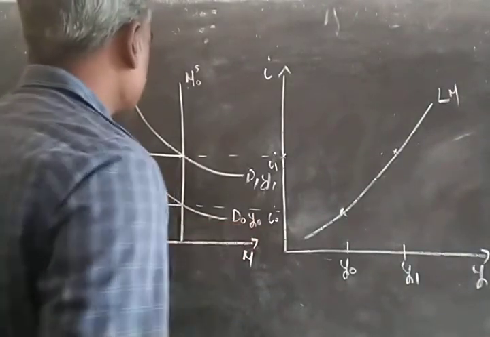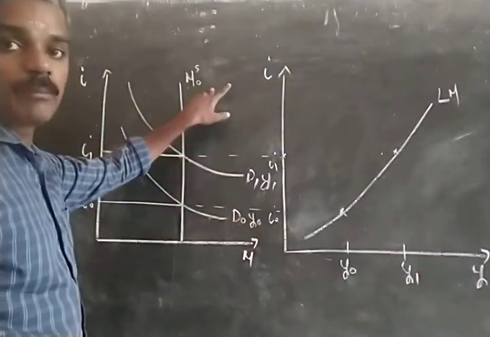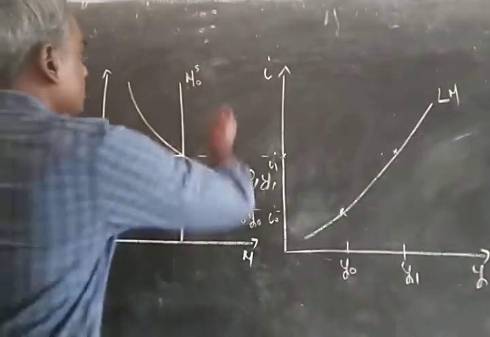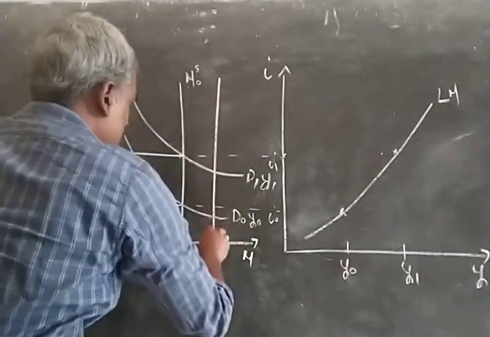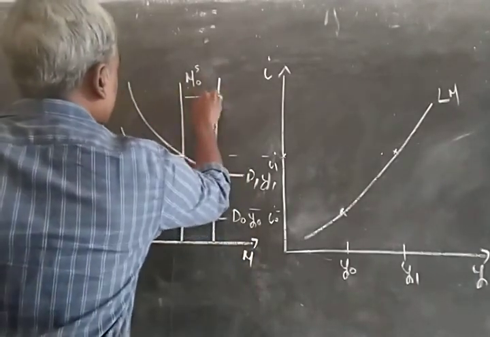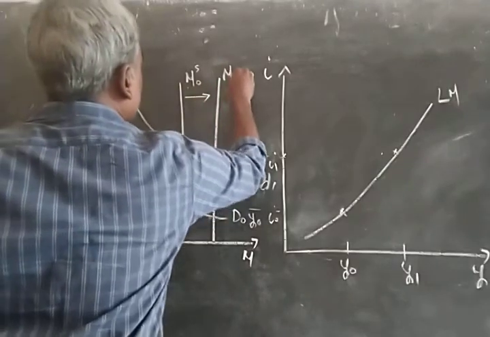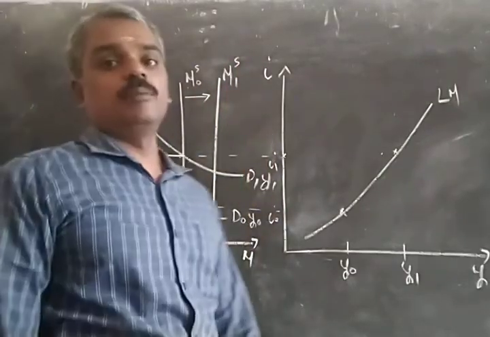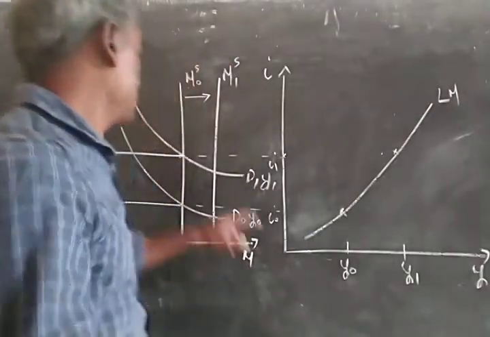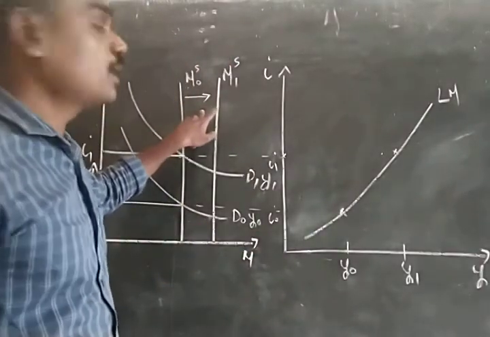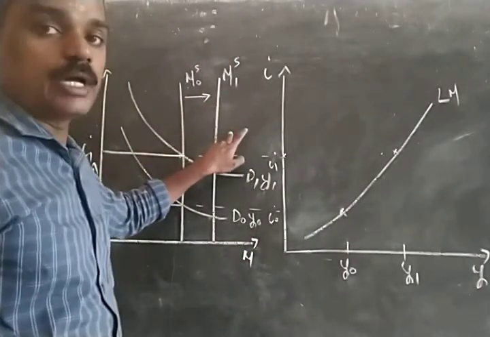And so what happens? The money supply changes from MOS to MOS1, and when the central bank increases the money supply, the new supply of money becomes M1. It has shifted parallelly to the right.